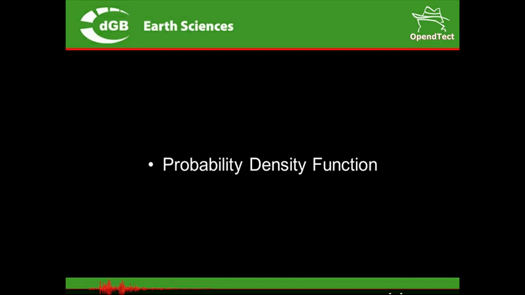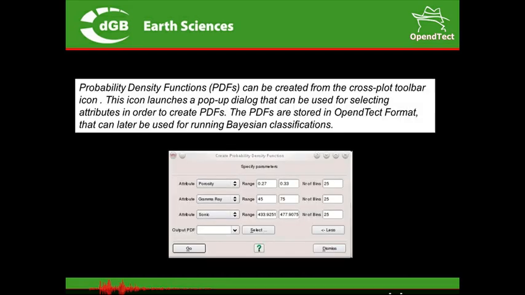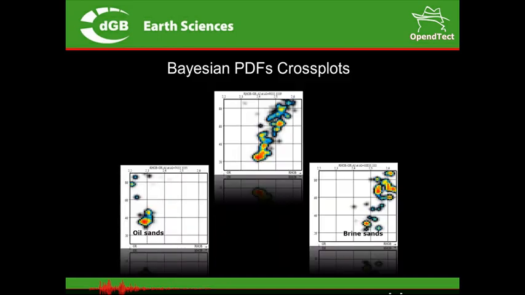The probability density function can be created from the crossplot toolbar icon. This icon launches a pop-up dialog that can be used for selecting attributes in order to create the PDF. The PDFs are stored in OpendTect format, and can later be used for running, for instance, Bayesian type of classification.